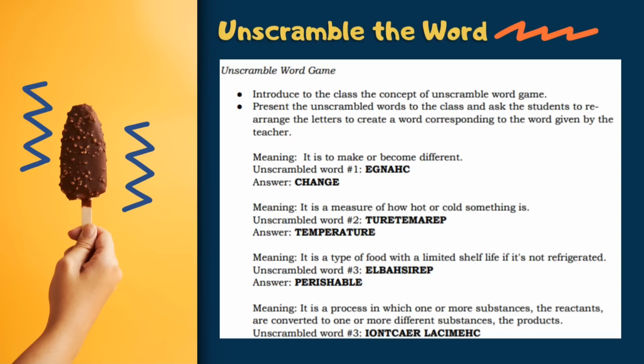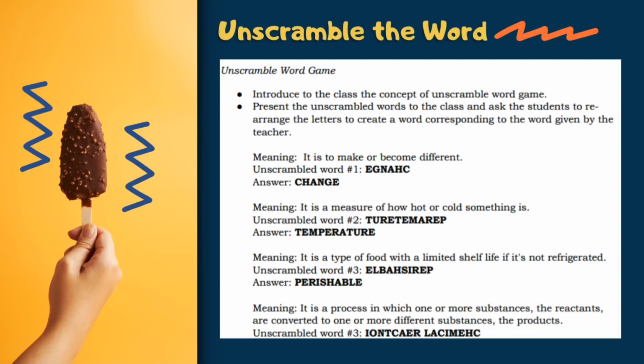And we all know that some matter can be affected by the temperature that they are in. If it's too cold, they can freeze. For example, an ice cube can be affected by the temperature of a place. If it is too hot, the ice cube will melt. And if it's too cold, it will freeze.